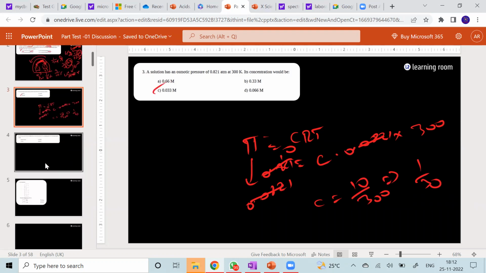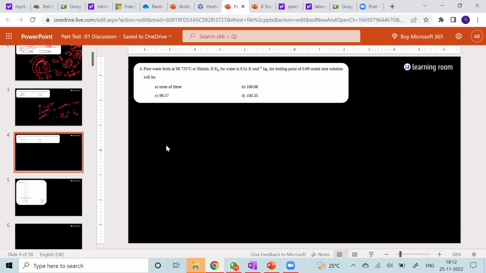That's it. Done. Next. Pure water boils at 99.725 degrees Celsius in Shimla. If Kb for water is this much, what is the boiling point of a 0.6 molar solution of urea? That's very simple. Delta Tb is equal to Kb into m, and delta Tb is the elevation in boiling point.